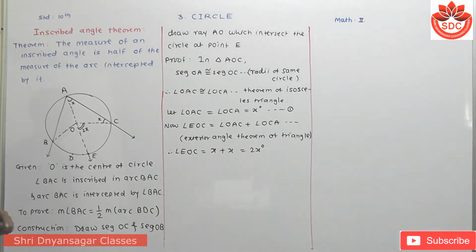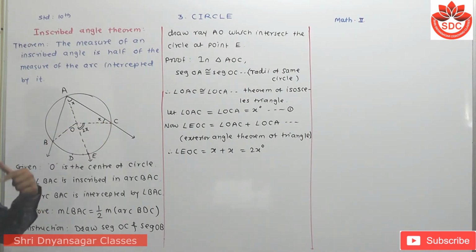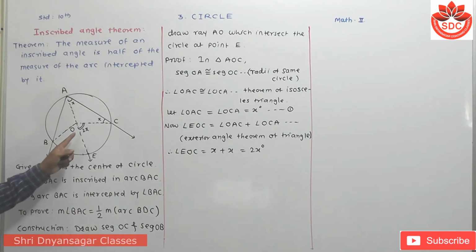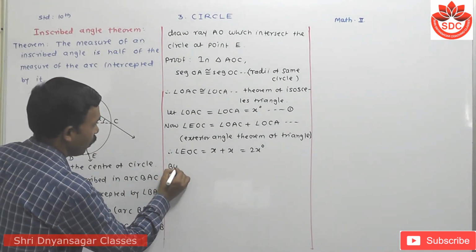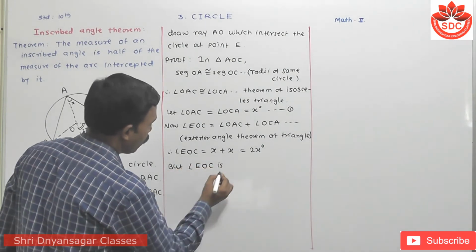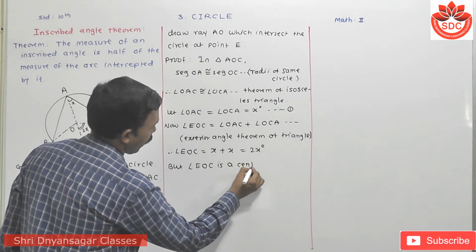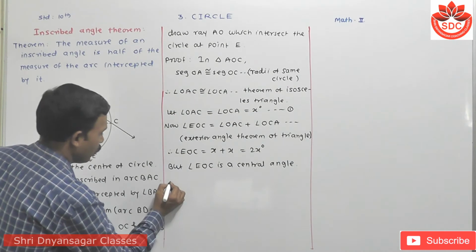Now student, this angle EOC is the central angle. We know that by using the definition of the central angle, measure of this angle and its intercepted arc is same. So now, angle EOC is a central angle.